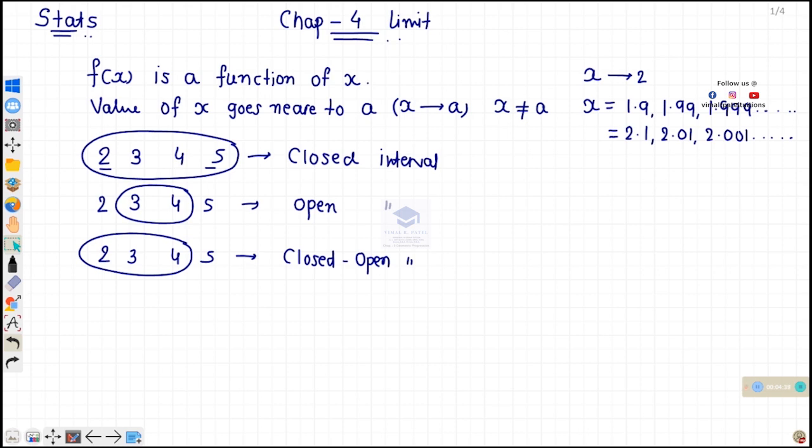This is closed open. This is open closed. Clear?